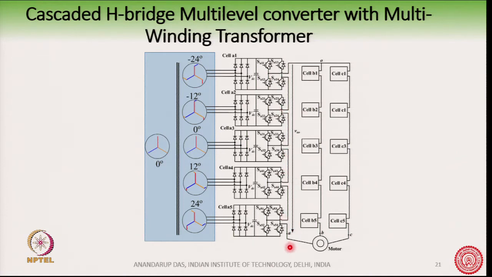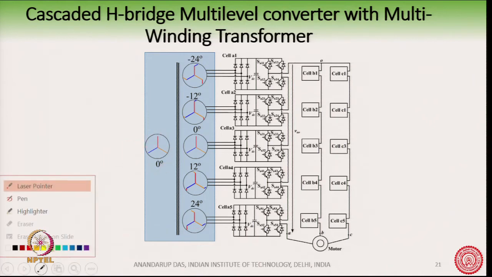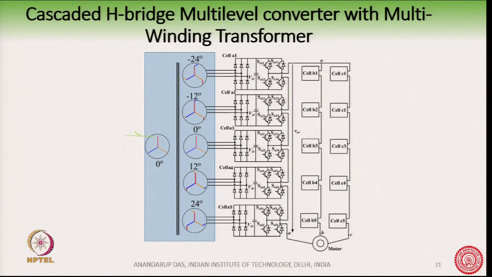Now, what happens at the input side? At the input side, we can use a multi-pulse transformer. If we use such a multi-pulse transformer, then the current drawn from the input side, that is this current here, will be a highly sinusoidal waveform.